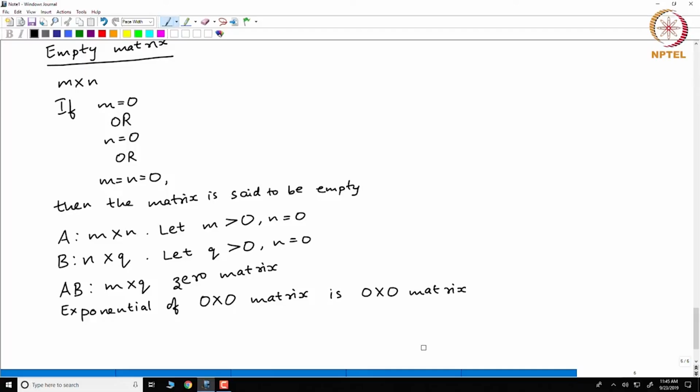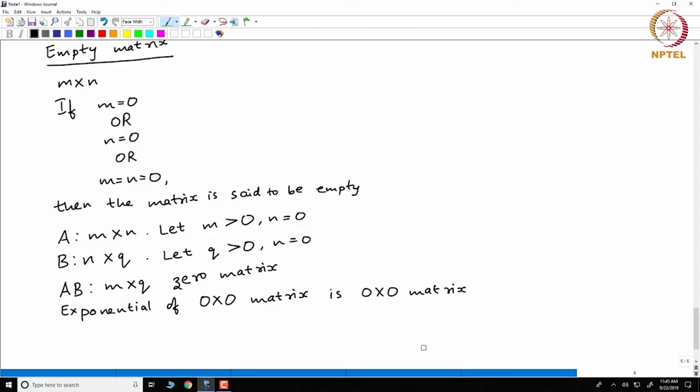Can we take the product with u1 or u2? Yes, provided u1 and u2 are also empty, so the matrix dimensions actually match. So what we get is a resultant column vector which is also empty.